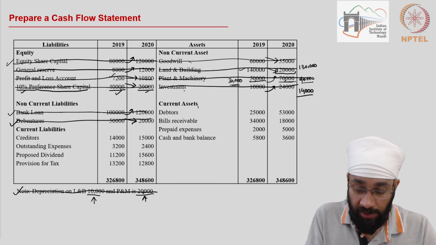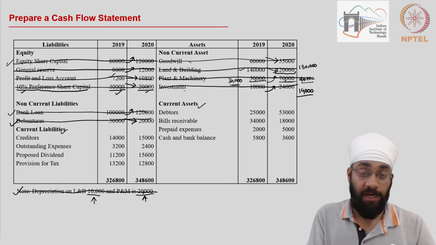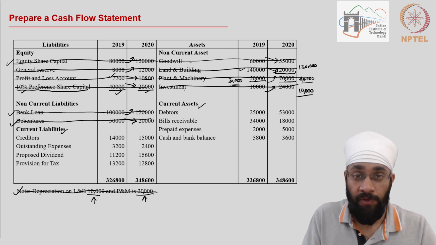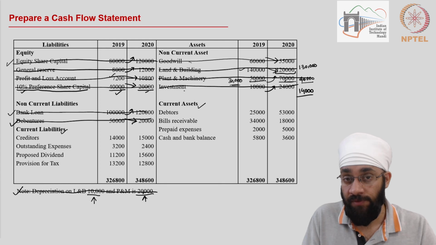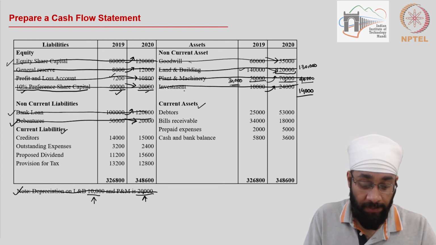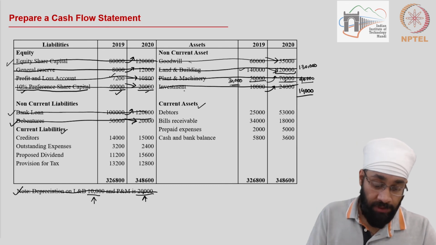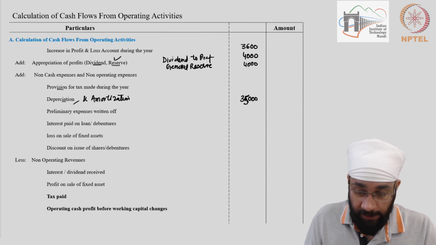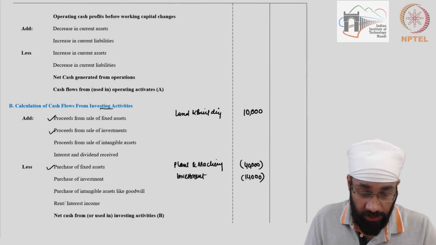Now we are left with current assets and current liabilities, and we know that current assets and current liabilities are taken care of in the first section of the cash flow statement. These are the working capital changes that have to be taken into account. All right, so we are going to go to the working capital changes.